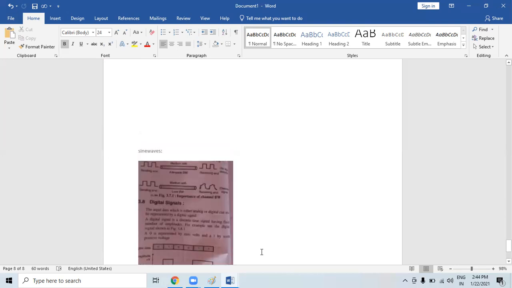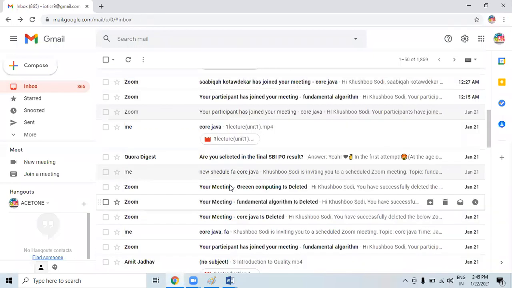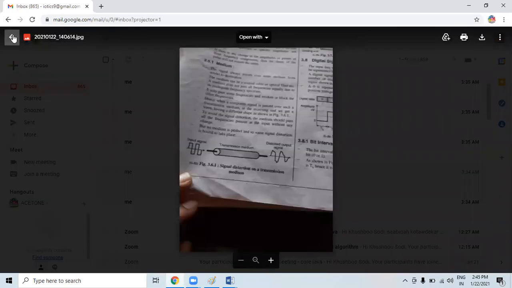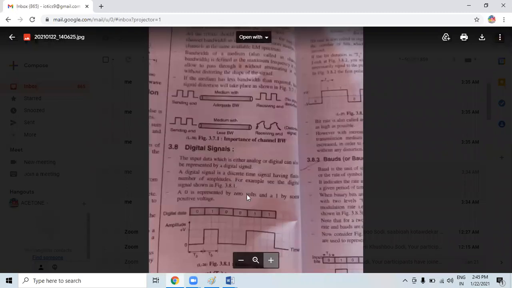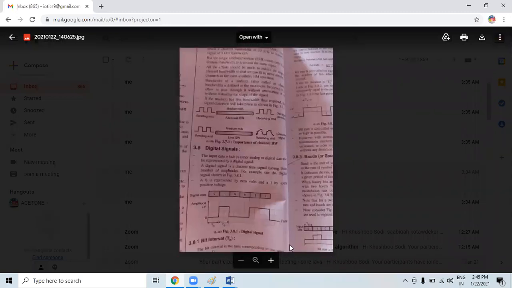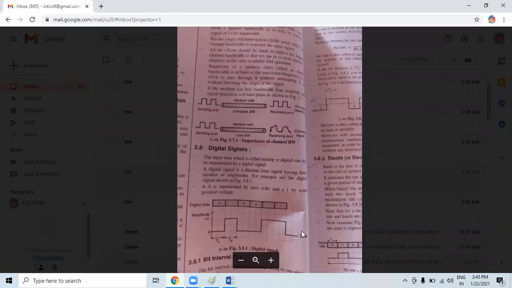So in digital signals, let's see. Okay, so these are your digital signals. The input data which is analog is converted to digital, and a digital signal is a discrete time signal.